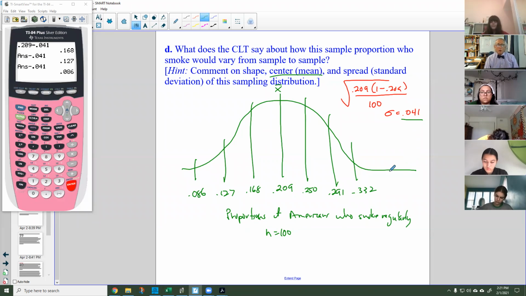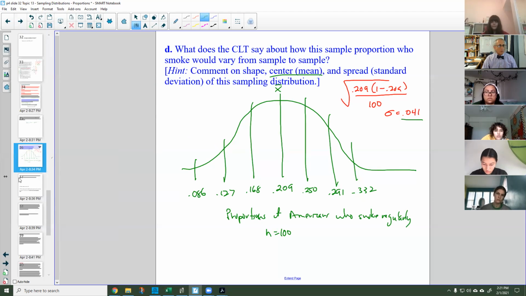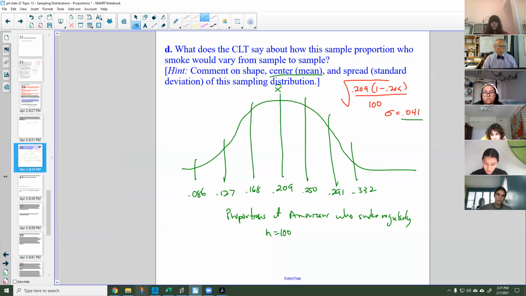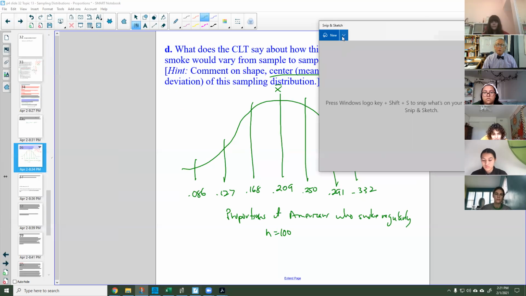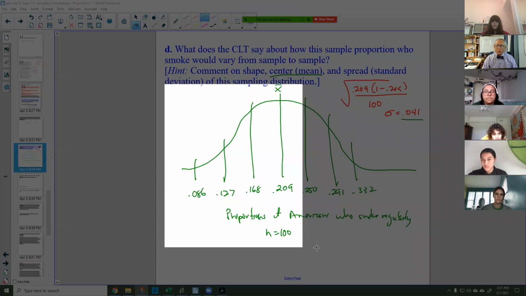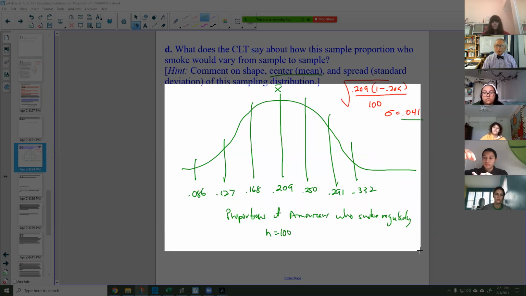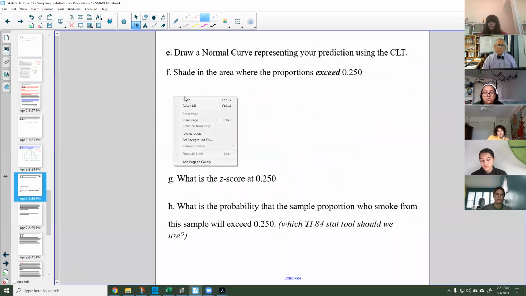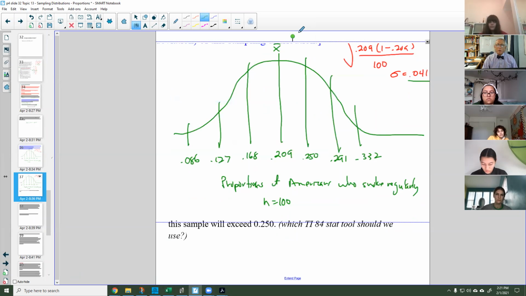Okay. All right. So I have my diagram. This is great. Oh, we just drew the normal curve. So let's just take it and snip it and see how we like it here. And we'll put it right here. And we'll actually make it a little bit smaller.